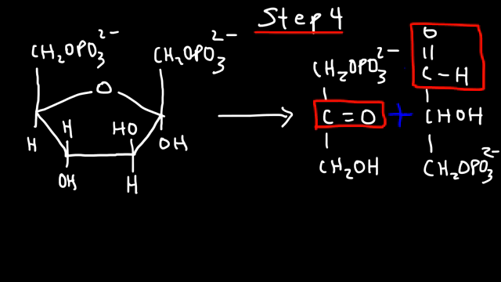And if you count the carbons, the aldehyde has the highest priority, so that's carbon 1. You'll find that the phosphate group is located on carbon 3. So this is called glyceraldehyde 3-phosphate. And this one is called dihydroxyacetone phosphate. A 3-carbon ketone is known as acetone.